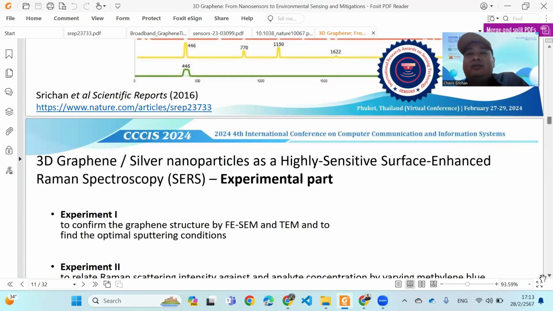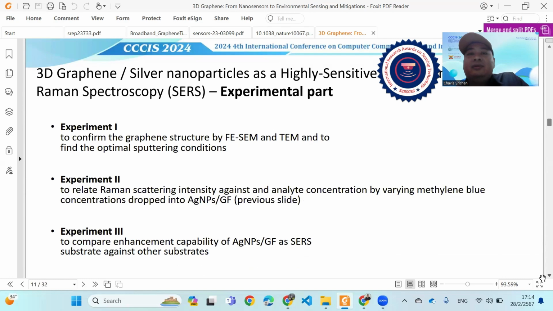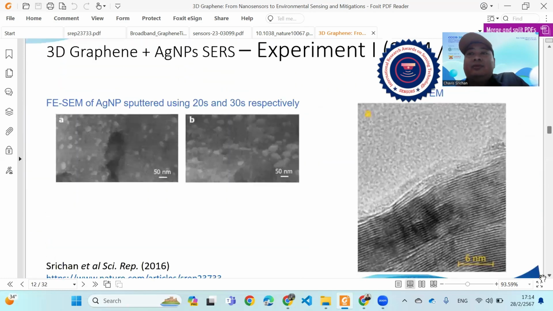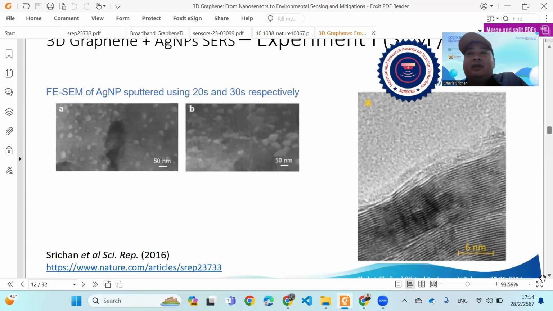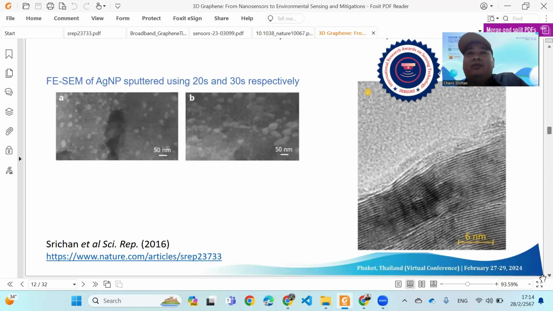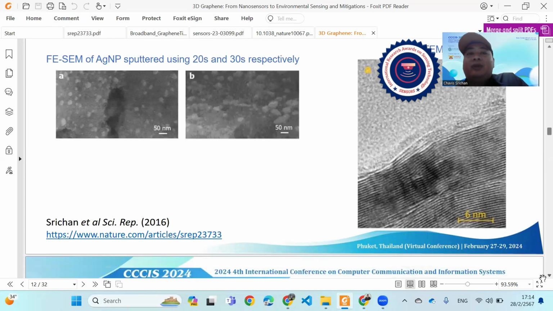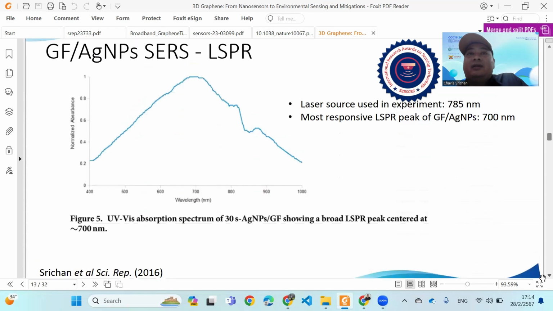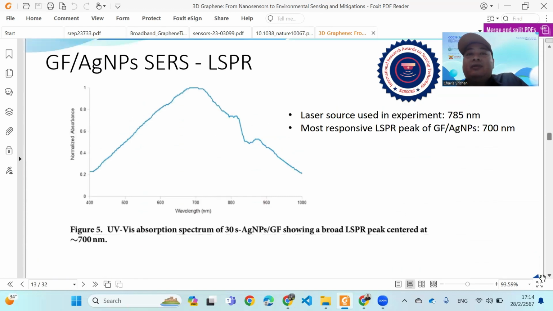And we also have the theory. We get the graphene, we get the nanoparticle, and we check the extinction wavelength.